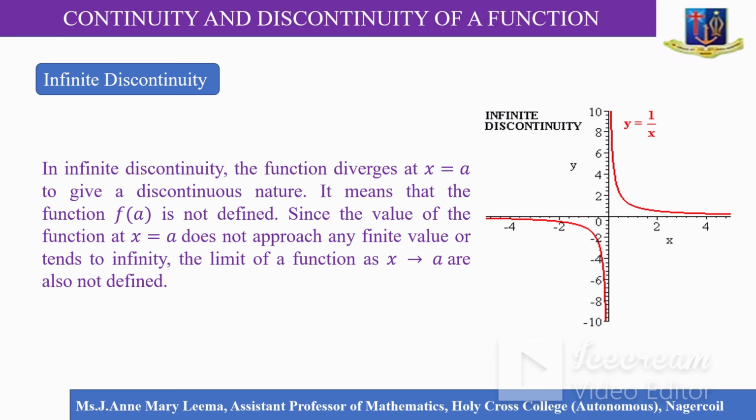Since the value of the function at x is equal to a does not approach any finite value or tends to infinity, the limit of a function as x tends to a is also not defined. In this figure, the graph of the function y is equal to 1 by x is given. As x approaches 0, the function goes off to infinity. So this function has infinite discontinuity.